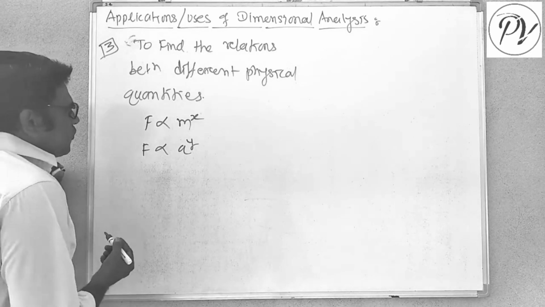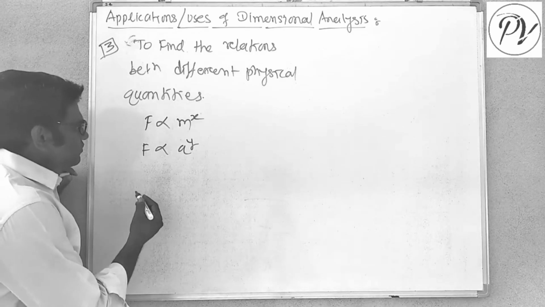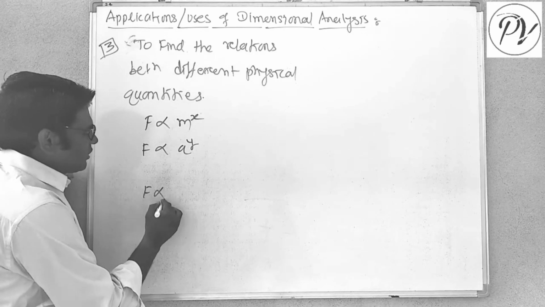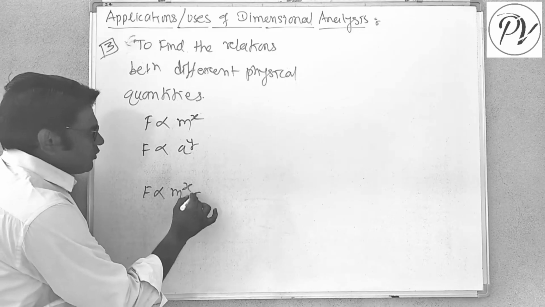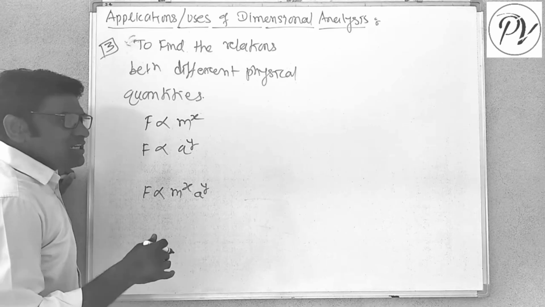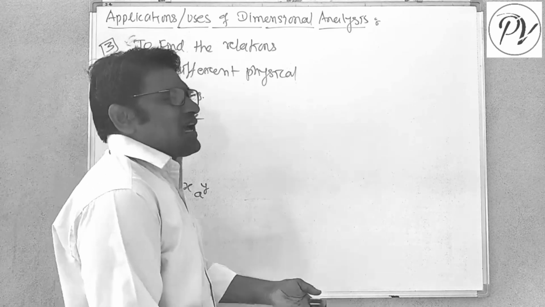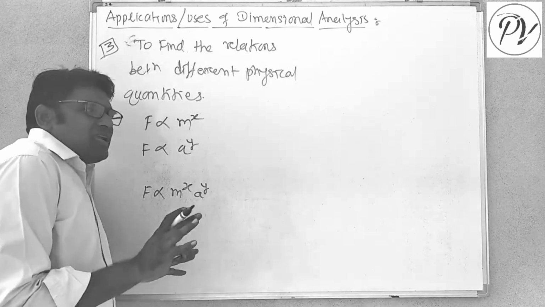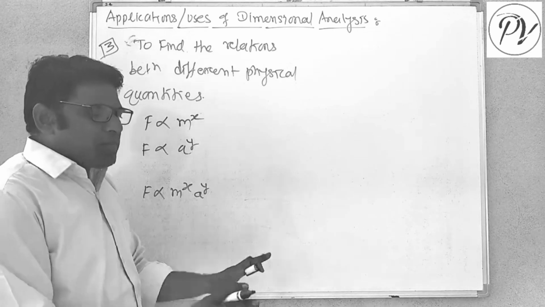Now look. For that purpose, what should we do? We can write F is equal to m to the power x, a to the power y. We don't know whether it is directly proportional or not. Only there is a dependence. Force depends upon mass and acceleration.